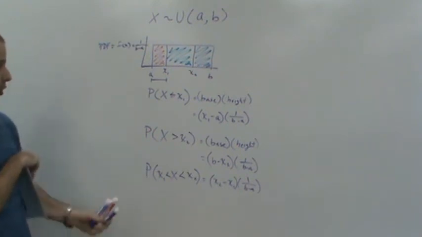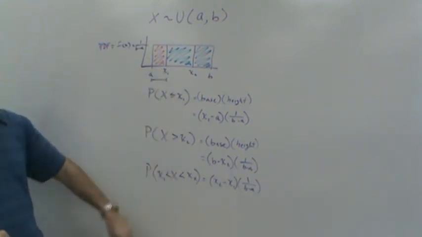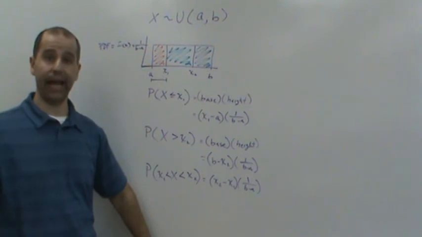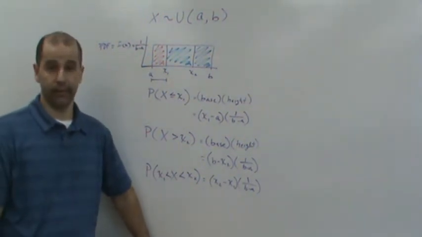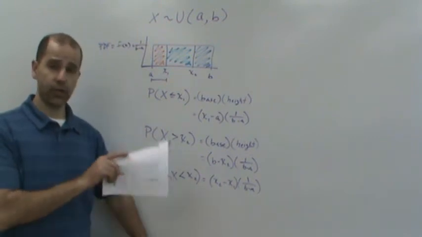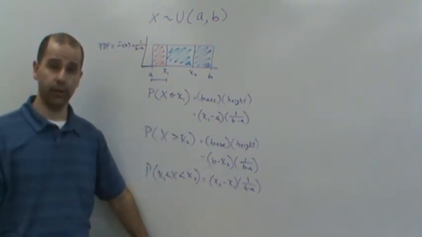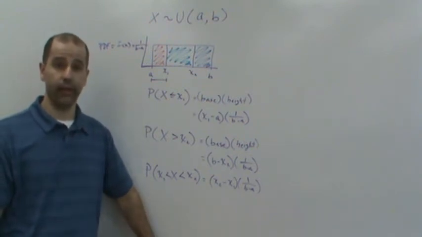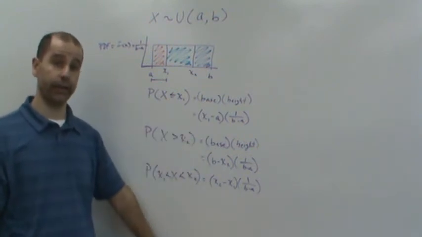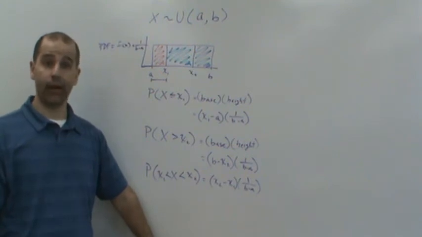So that's it. All you have to do is apply what we know about rectangles. How do you calculate the area of a rectangle? Base times height. That's it. There's no function on the calculator to give you these probabilities because quite honestly, it's just too easy to do. Okay? So you should have no trouble calculating probabilities and figuring out the average of a uniform distribution.